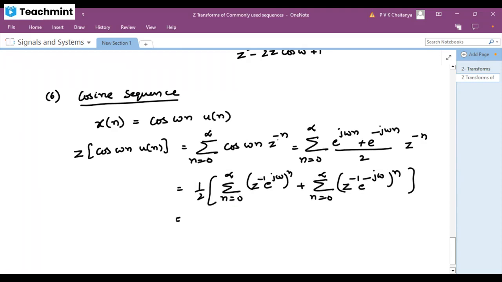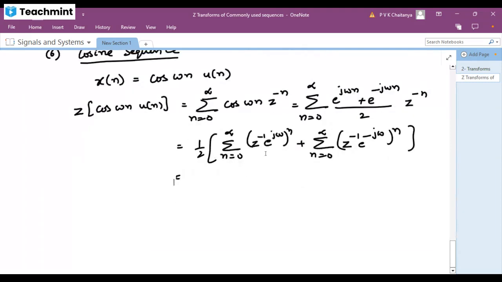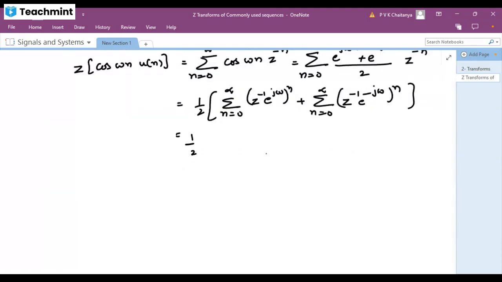As with the sinusoidal, we can also write this as 1 by 2 into 1 by 1 minus z inverse into e power j omega, plus 1 by 1 minus z inverse into e power minus j omega.